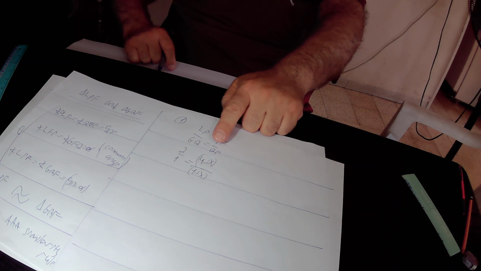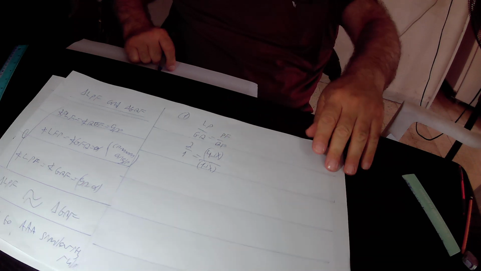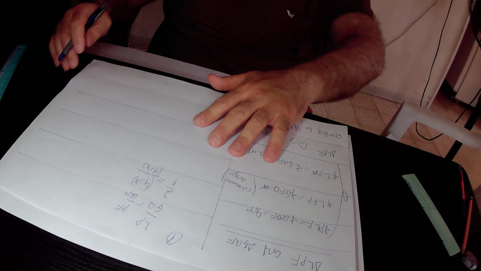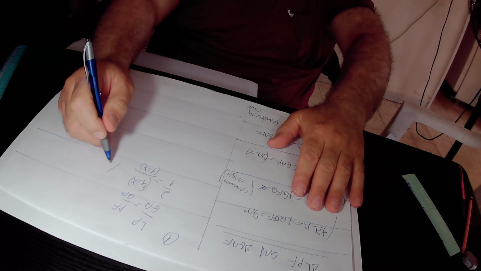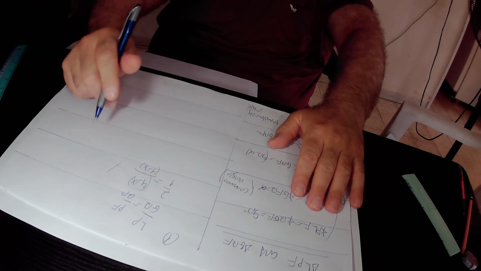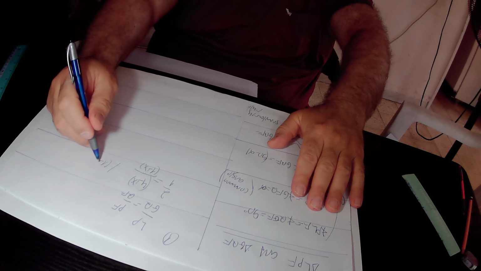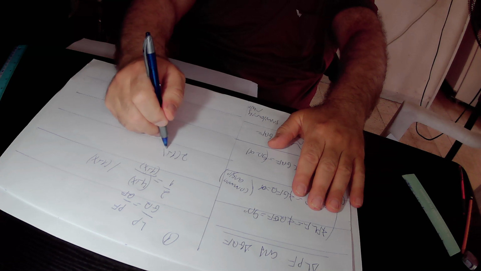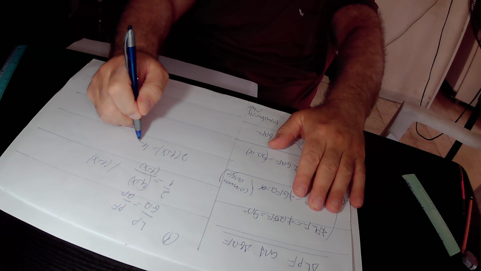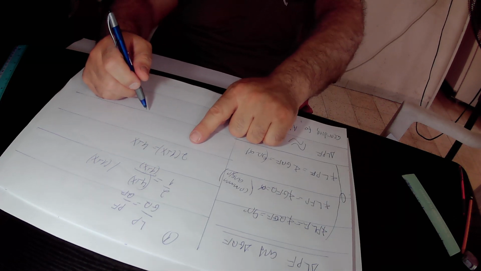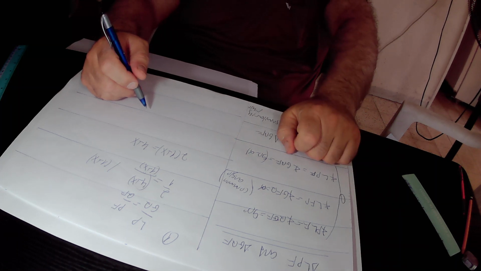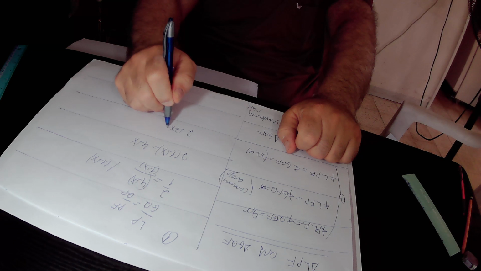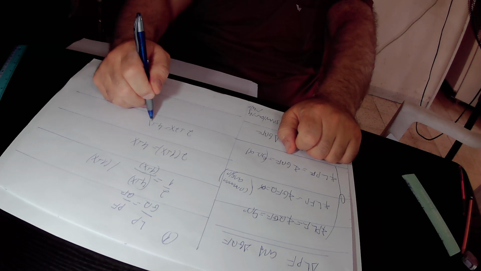Here we multiply this equation by 1 plus x, and we get that 2 times 1 plus x equals 4 plus x. Here we open the brackets on this side of the equation and we get that 2 times 1 is 2, plus 2x equals 4 plus x.